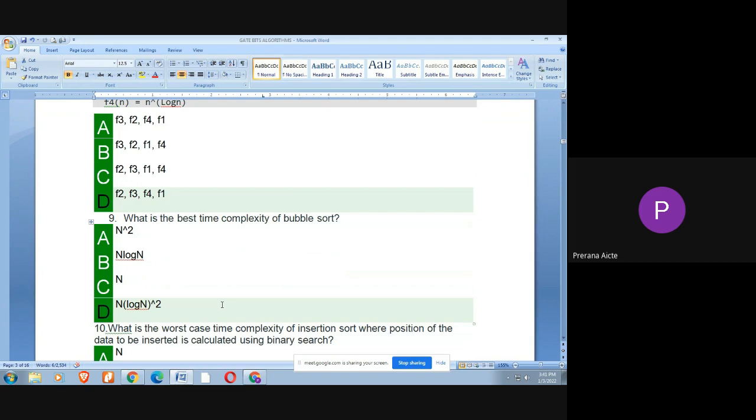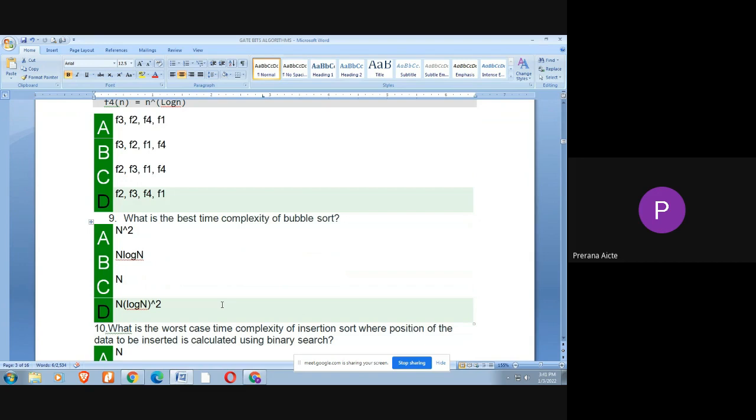This boolean variable is used to check whether the values are swapped at least once in the inner loop or not. We only have to go through all the n elements in the given list. So in that case, the best case time complexity is order of n.